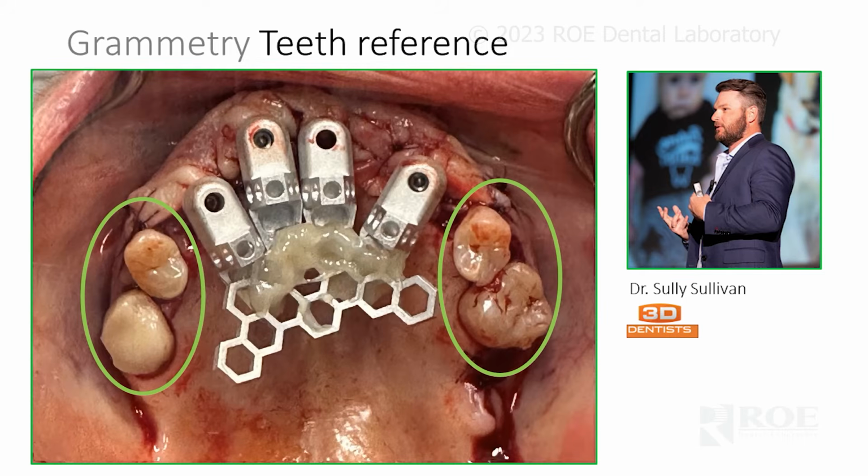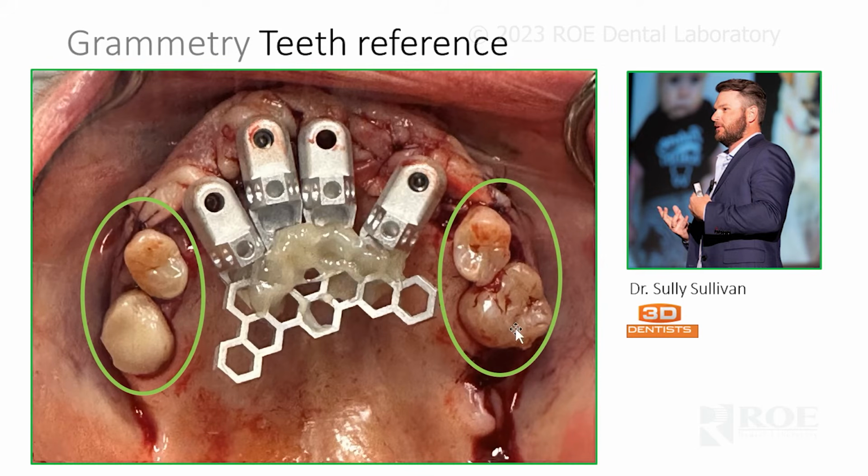In fact, Dr. Sullivan and Dr. Agarwal do a little bit of teaching on this, so you can look them up. Okay, leave teeth for the bite and perform the photogrammetry between them.